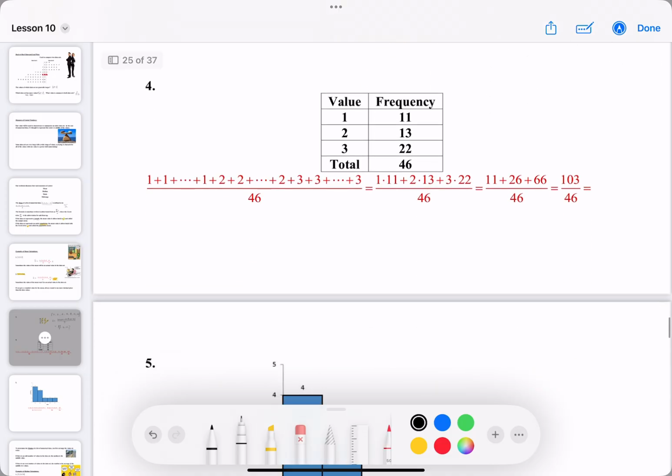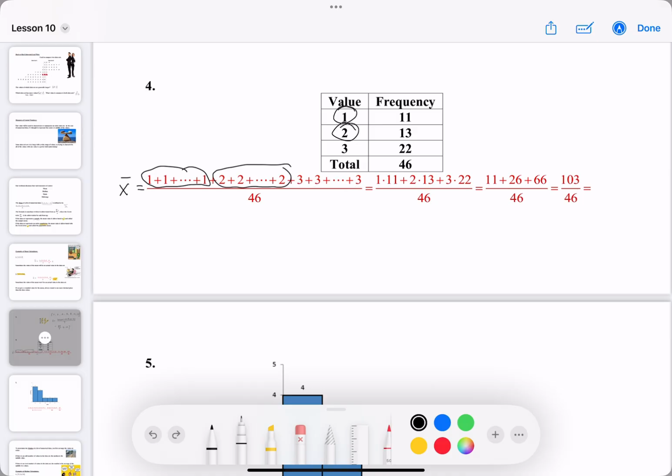Okay, let's see the next example. Find the mean, or we're looking for x bar. X bar equals the sum of all of the values. The value 1 happens 11 times, so I'm adding 11 ones. And 2 happens 13 times, so we're adding 13 twos. And for 3, we have 22 threes.